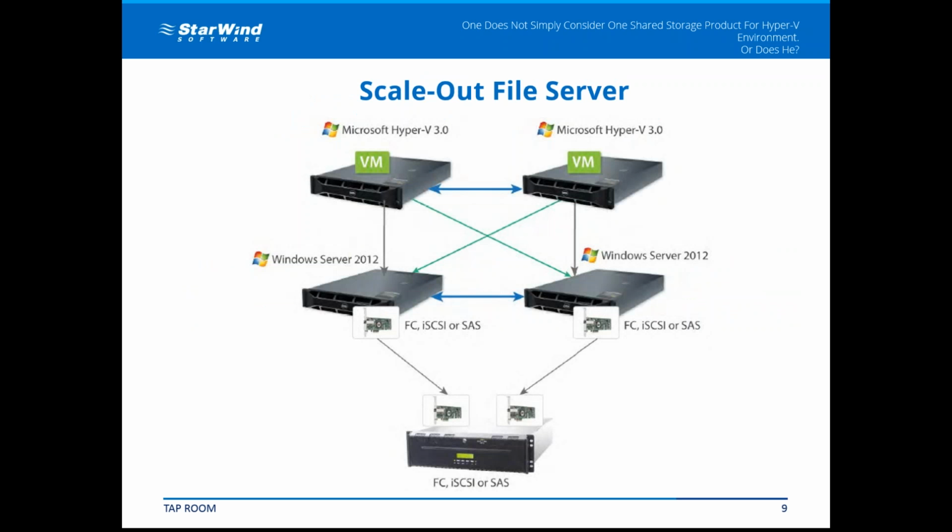External shared storage, fiber channel, iSCSI or SAS JBOD is also necessary to cluster scale-out file servers, such a complex architecture has a long I/O path. The reads are first processed over the network and then they are addressed to the local storage.